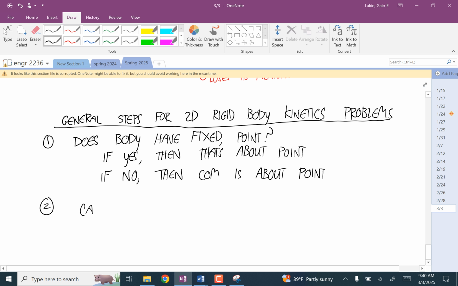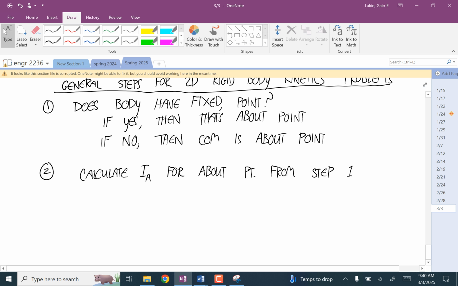Second, calculate the moment of inertia, I sub A, for the about point from step 1. Third, draw a free body diagram.